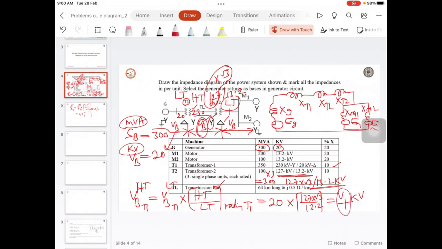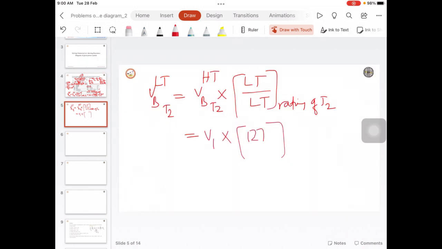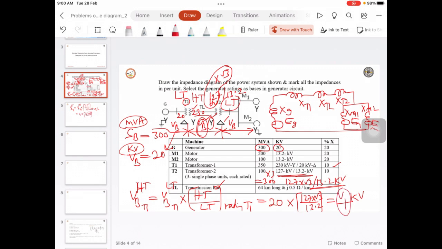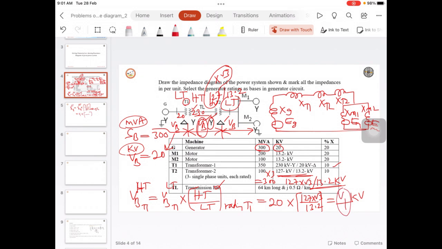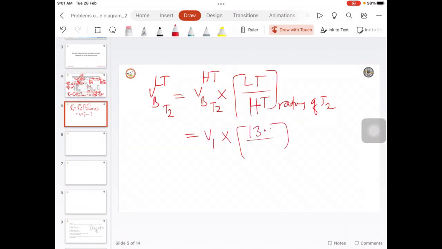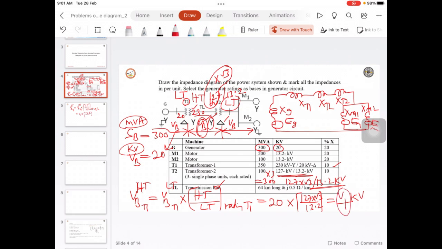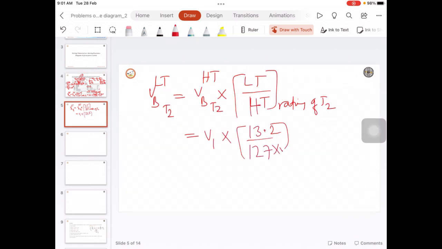Here HT side voltage rating is 127 into root 3, and LT side is 13.2, divided by HT side 127 into root 3.